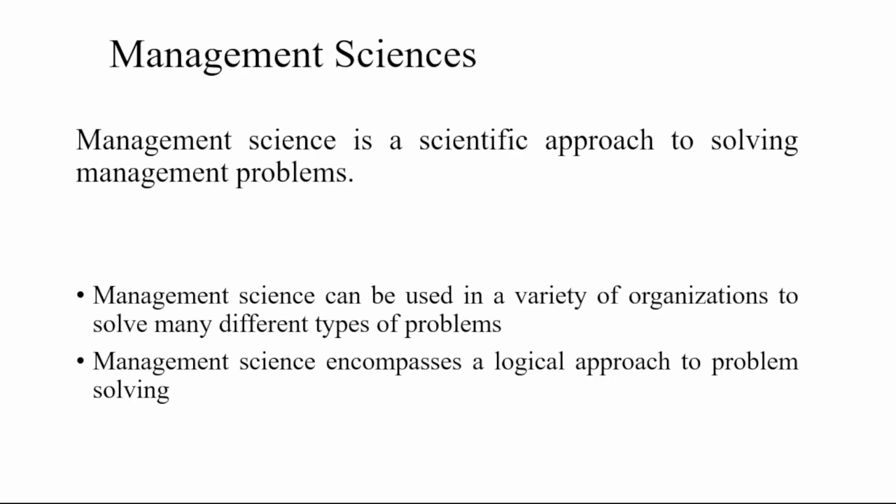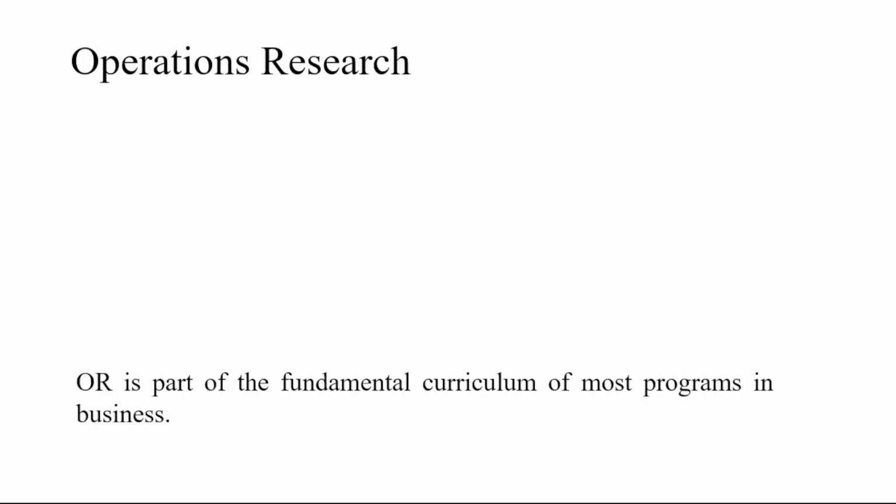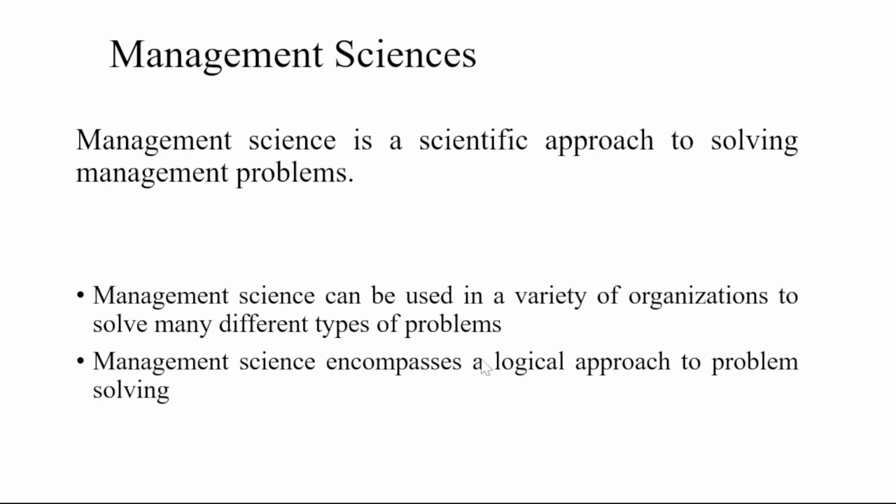Operation research is also called management science. Management science is a scientific approach to solve management problems. In other words, management science is a systematic, scientific way of solving problems. In some countries and in some institutes, management science is a substitute word for operation research.